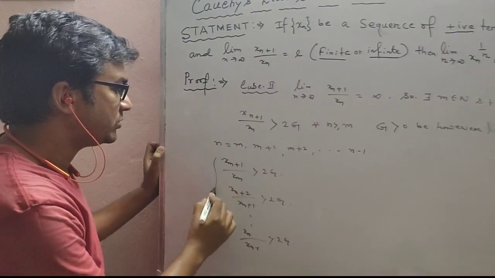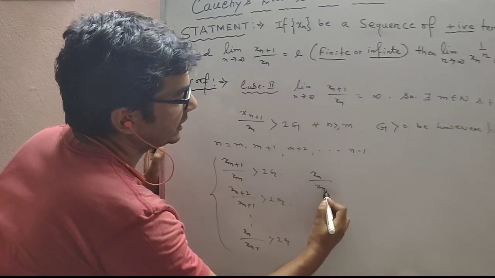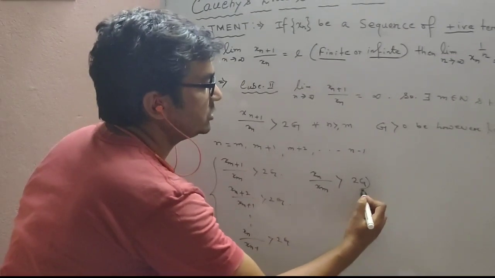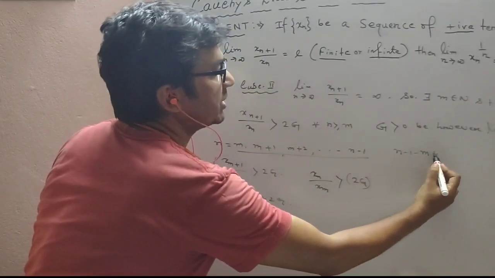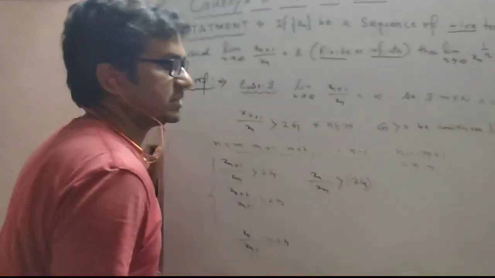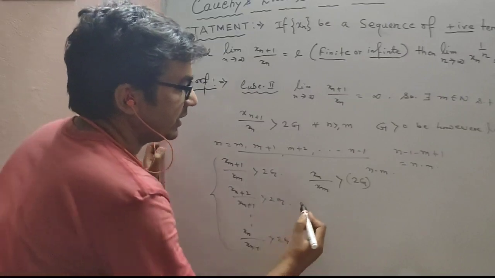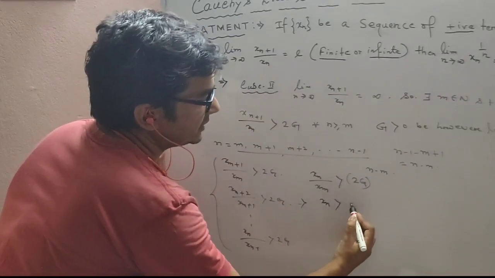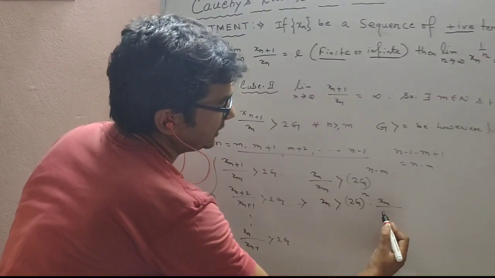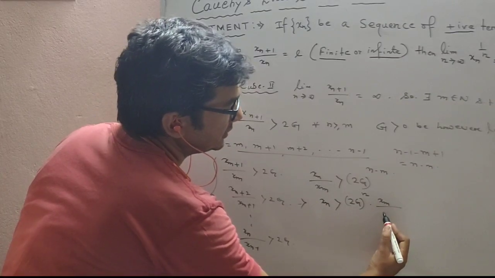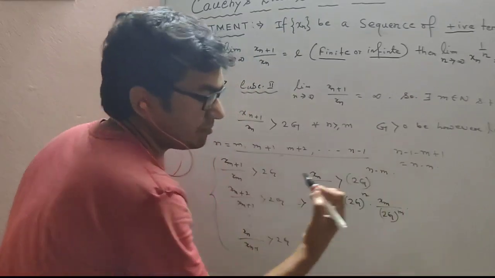Here multiplying all these results vertically, we get xn by xm greater than 2g to the power, the number of relations is n minus 1 minus m plus 1, that is n minus m relations, n minus m, implies xn greater than (2g) to the power n into xm by (2g) to the power m.